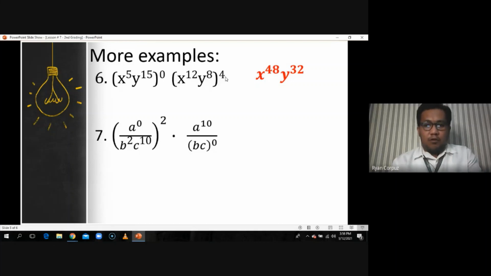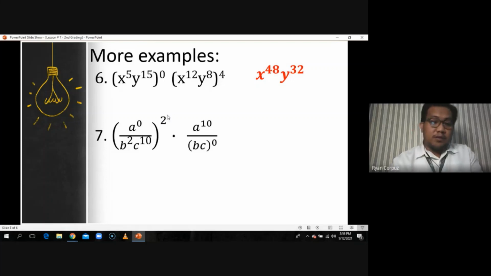Since the given example involves zero exponent, simplify first those with zero exponent. This a raised to 0 will be equal to 1, and this bc, quantity raised to 0, will also be equal to 1. So the left side becomes 1 over b squared, c raised to 10.